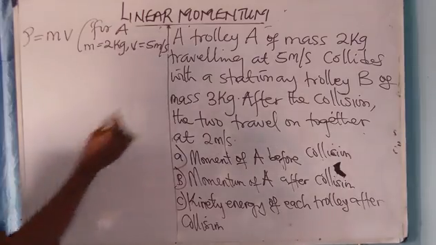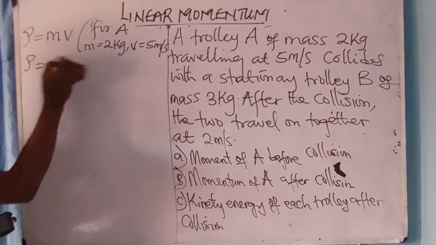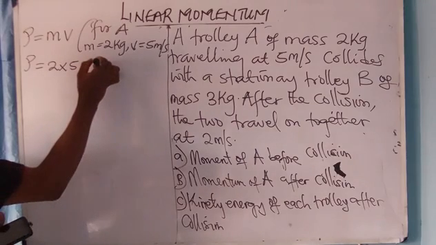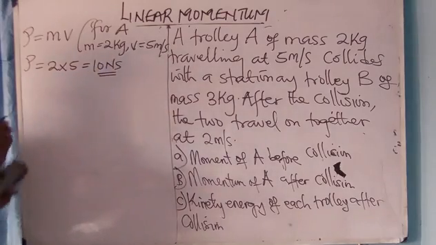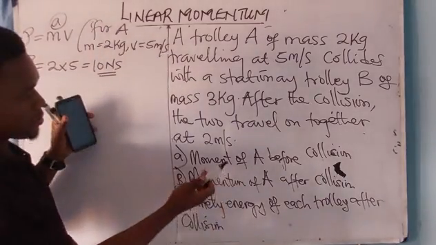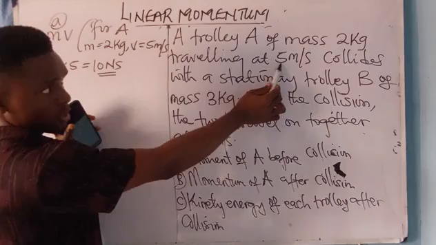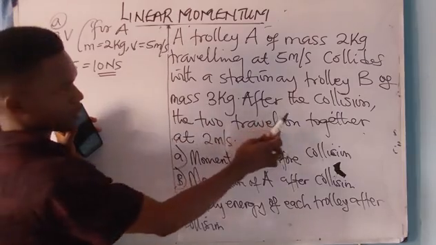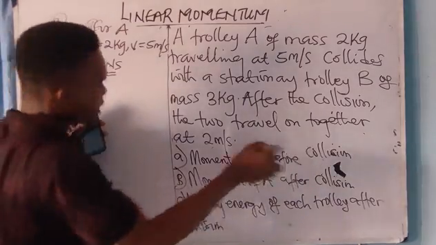So this is 2 times 5, which is 10 Newton second. That is A before collision. Then after the collision, the two travel on together at 2 meter per second.